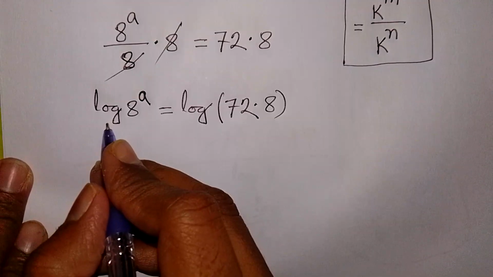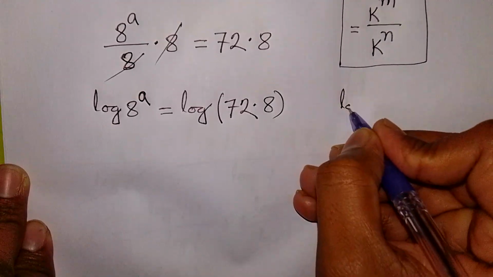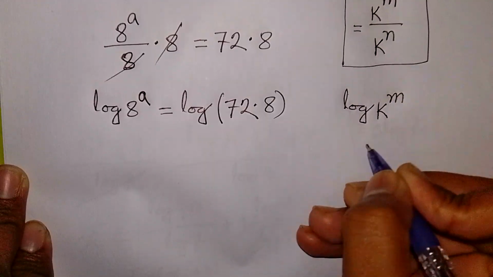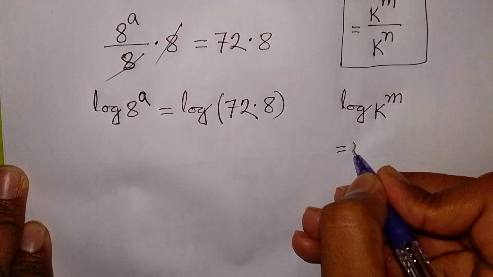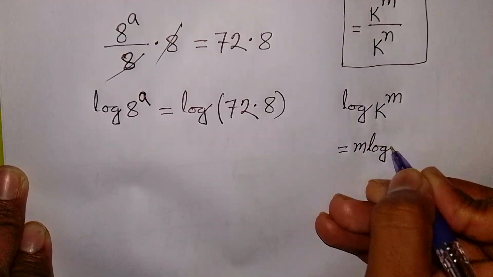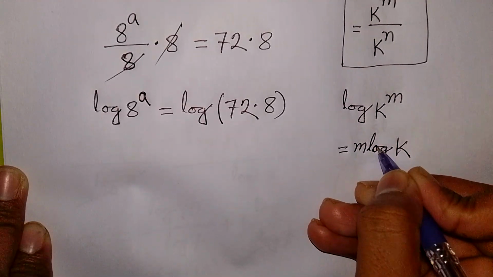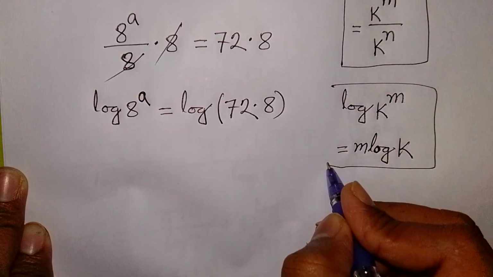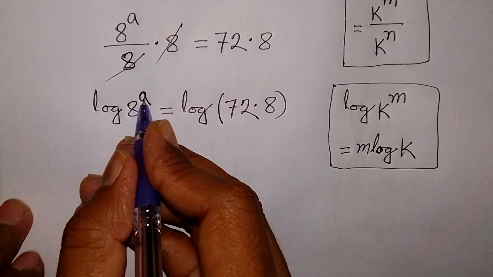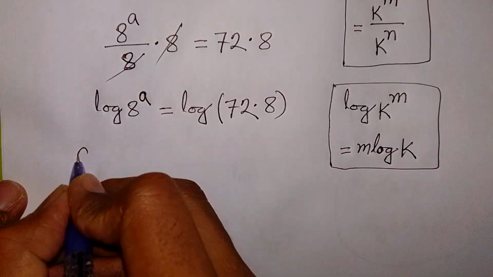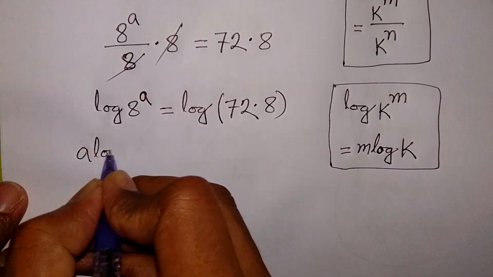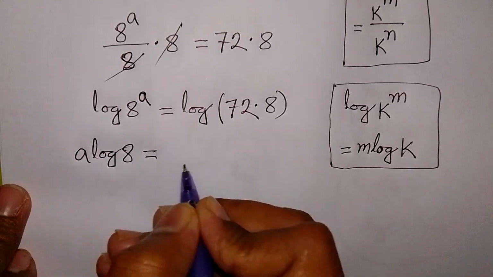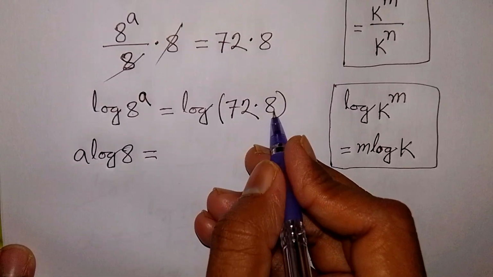Now here apply rule that log k power m is equal to m log k. This power m move to the base. Here this power a will move to the base, so it will be a log 8 is equal to log of 72 times 8.